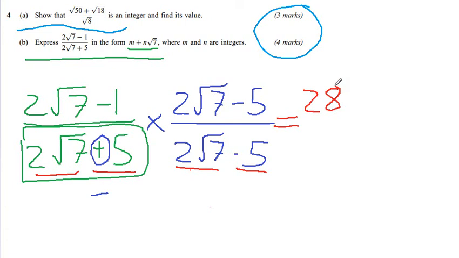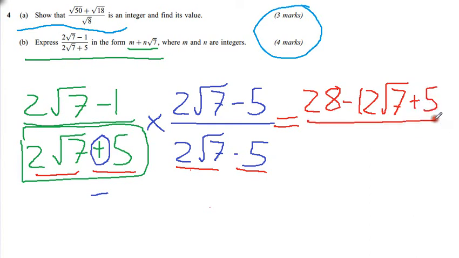Hang on. 2 root 7 times minus 5 is minus 10 root 7. Minus 1 times 2 root 7 is minus 2 root 7. So we get minus 12 root 7. And then minus 1 times minus 5 is plus 5. So that's what the top looks like. Don't worry that the top looks ugly. We can deal with that in a minute.